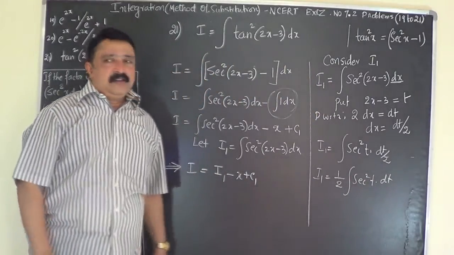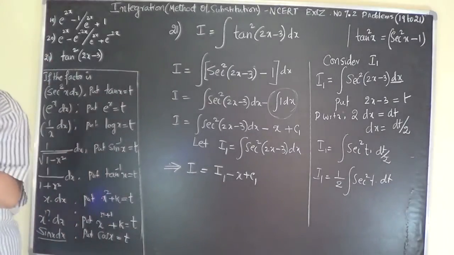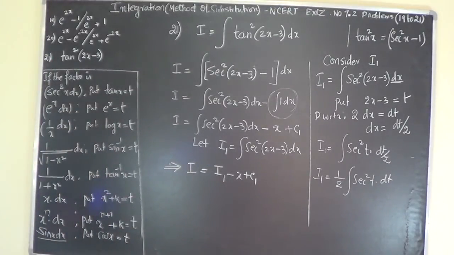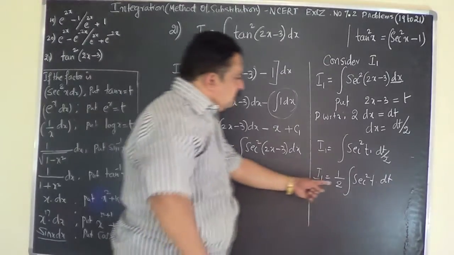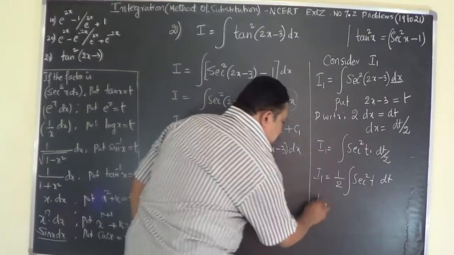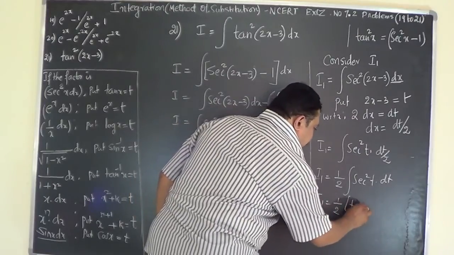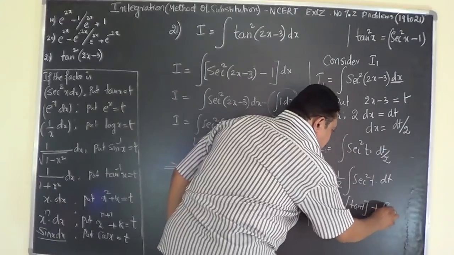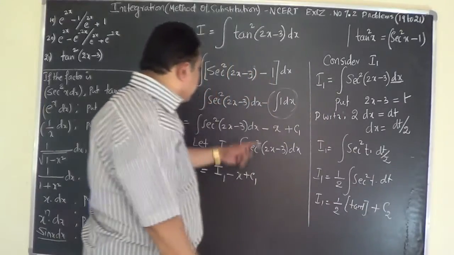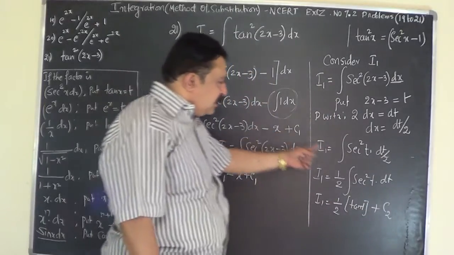Very good. I have already told you how to do this type of integration. Now you can directly write this as half of tan t plus the constant of integration c2, because I already have one constant of integration c1.